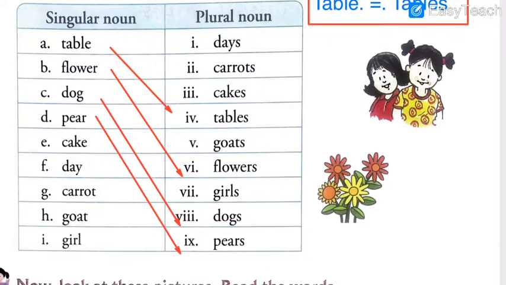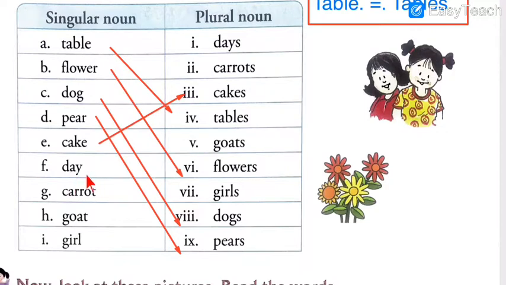Cake, cakes, we just have to add s as we are doing with all the words. So where are cakes? Here. Can you see number 3, cakes? Let's match E, cake, with number 3, cakes. Done? So you can see that even though I am applying the arrow, my line is very straight and we can understand. So make sure you also use the scale and match it properly.